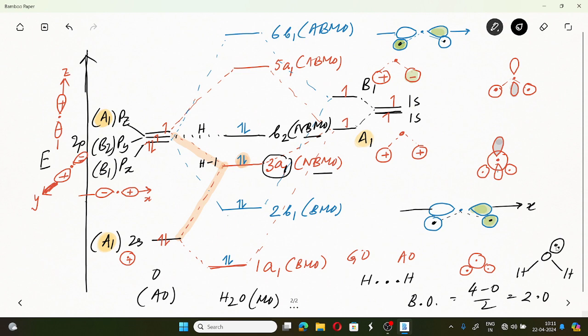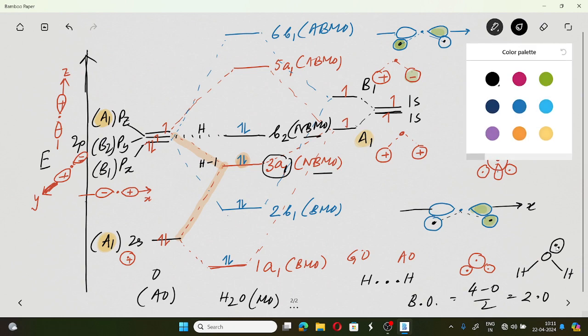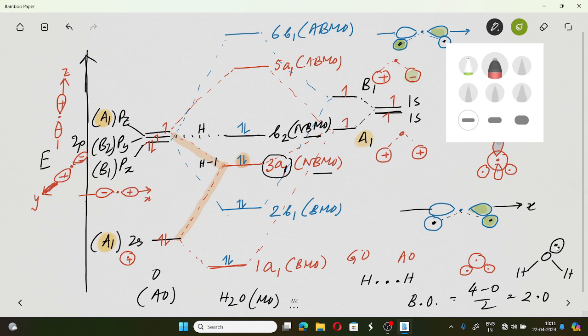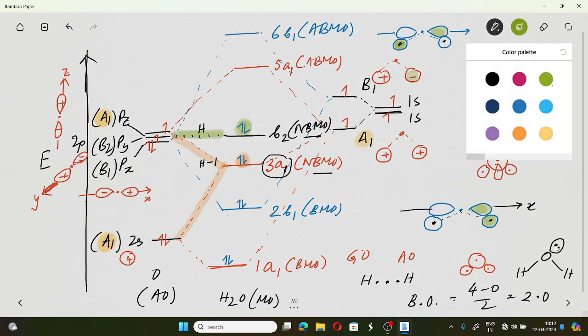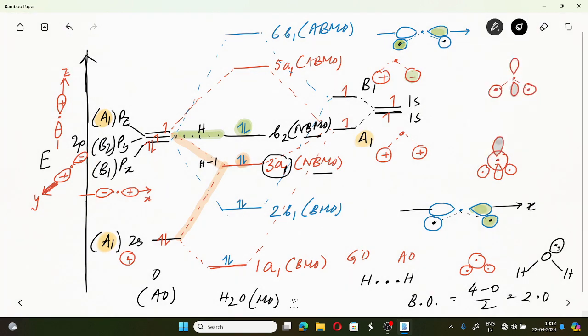And in a similar way, if you look at b2, the other non-bonding orbital, it has practically full contribution from the oxygen side. So naturally this pair of electrons is also over oxygen. So there is another lone pair. This one we write as 4b2.